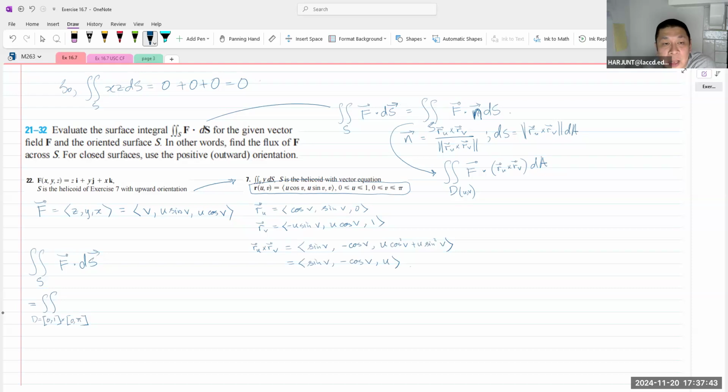And then the F becomes (phi, u sine phi, u cosine phi) dot (sine phi, negative cosine phi, u), and then dA.